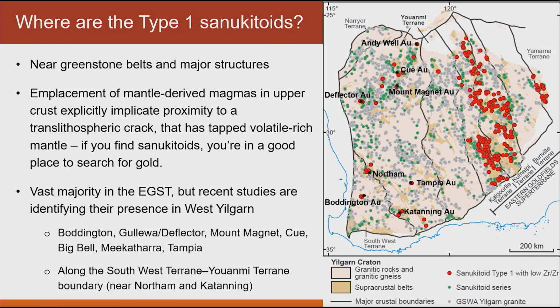And then the other notable place where they're sort of popping up is along that southwest Youanmi terrane boundary. So we're seeing a cluster of them around Northam there, and down at around Katanning. So yeah, interesting stuff, and I think future work's probably going to find that there's a lot more of these type 1 sanukitoids in the West Yilgarn as well.